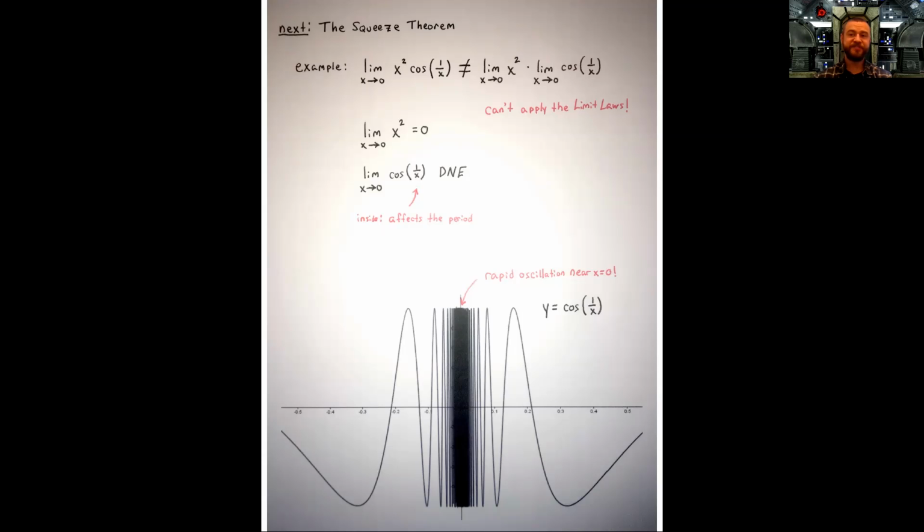And then inside cosine of x, any additional factors multiplying x affect the period, causing a horizontal stretching or compressing. Now, what happens when we replace the inside of cosine with 1 over x? The period is changing very, very rapidly near 0.